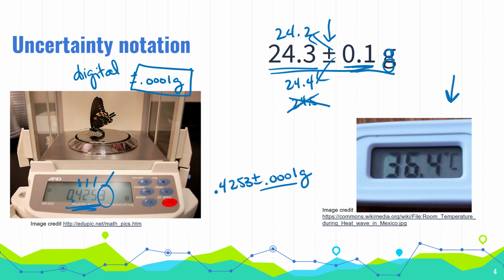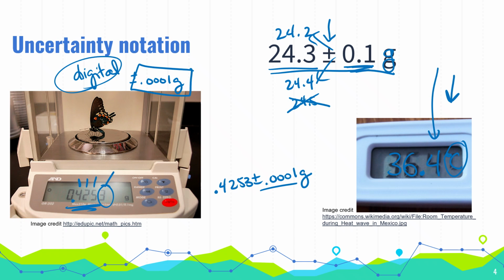Let's look at this one. I've got a thermometer here. Notice degrees Celsius. Our temperature is 36.4 degrees Celsius. What do we think the uncertainty is going to be? Again, because the equipment is digital, we're going to look at that last place value.